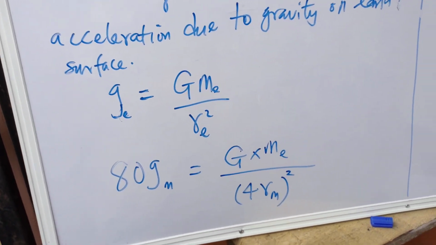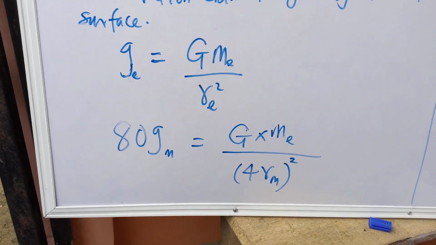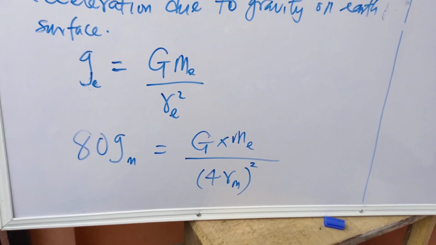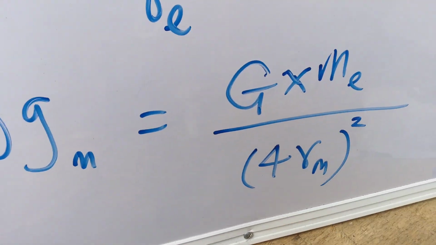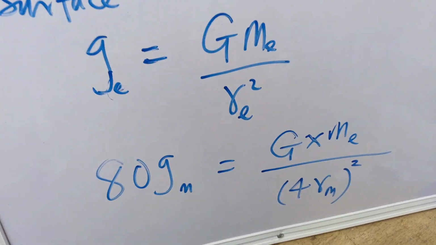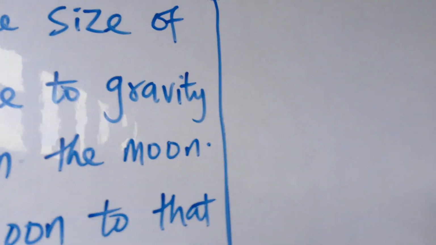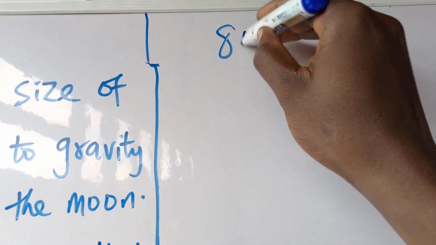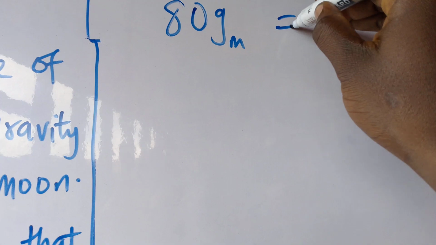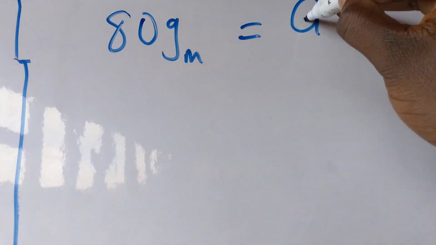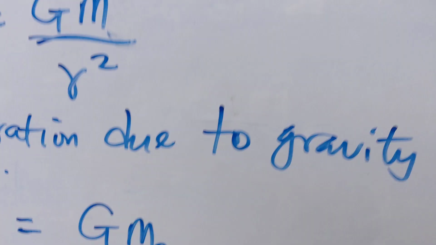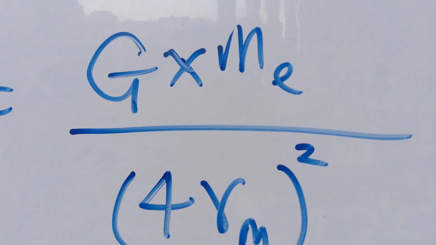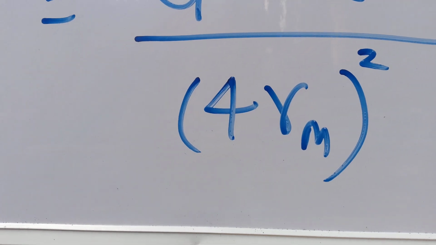So I'm having 80 GM equals capital G ME over (4 RM) raised to the power of 2. If I expand this, I have 80 GM equals capital G ME over 4 raised to the power of 2, which is 16, and RM raised to the power of 2.